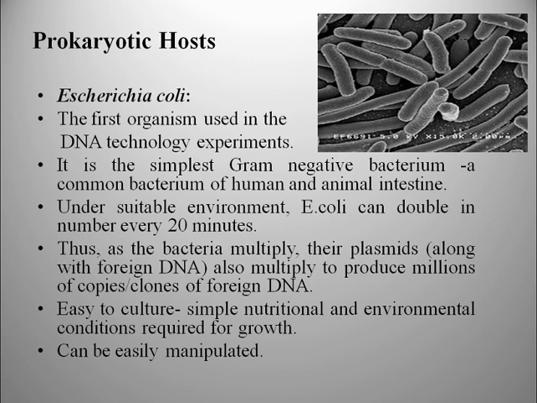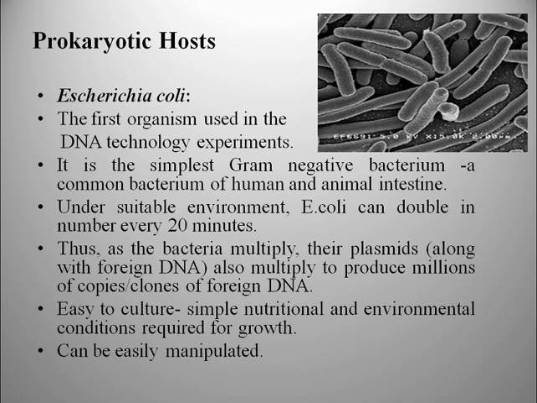Now, if we take prokaryotic host. So among prokaryotes, E. coli, that is Escherichia coli, is the first organism which was used in rDNA technology experiments, because this is a very simple cell. It is a gram-negative bacteria, a common bacterium of human and animal intestine.